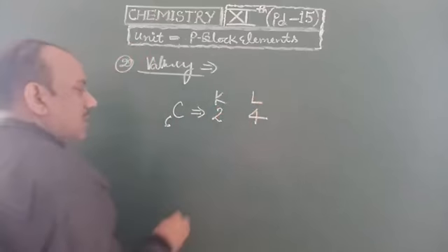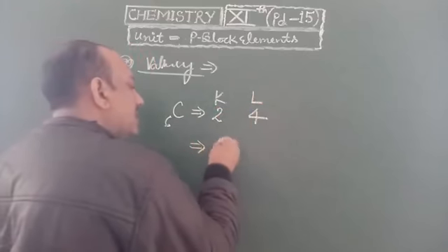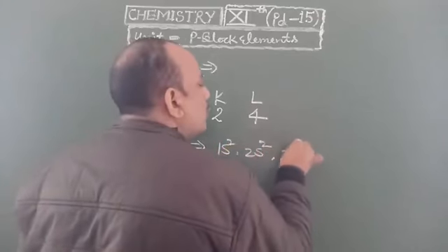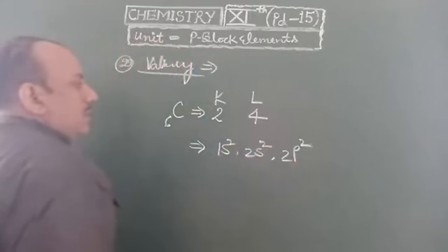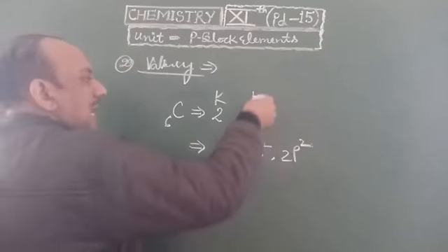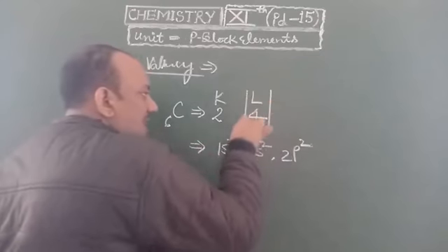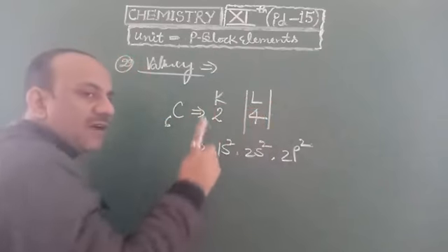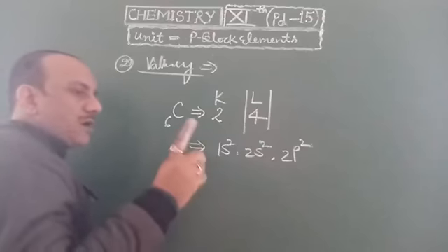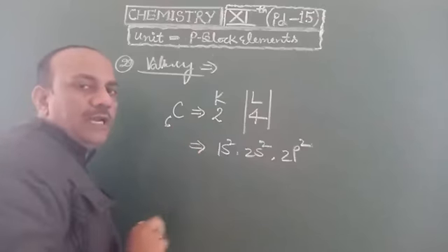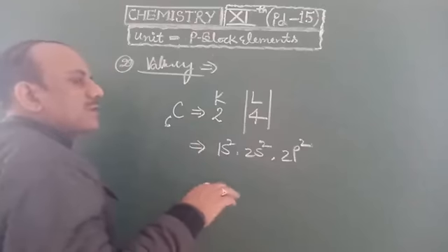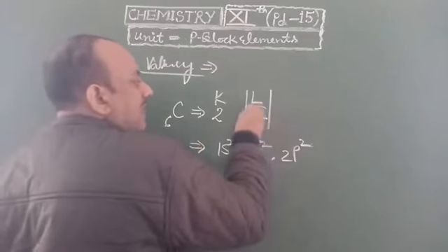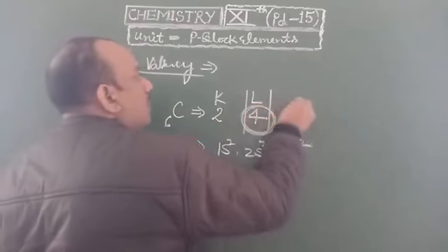It is also configured in shells as 1s2, 2s2 and 2p2. In this last orbital, the number of electrons that participate in completing the octet, donated or accepted, is known as the valency.